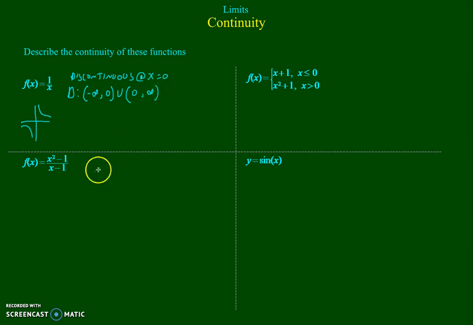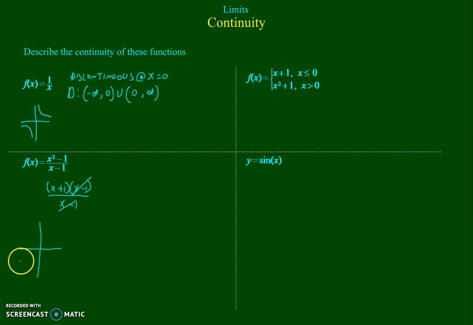All right, let's take a look at the next one down here, and we can say this is the difference of two squares. So we break this apart. X plus 1, x minus 1 over x minus 1. These cancel out, and we can see that this function has a discontinuity at x equals 1. So if we look at the graph of this function, it would look something like this.